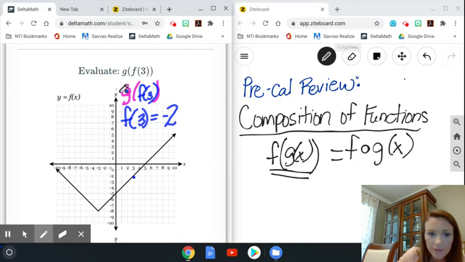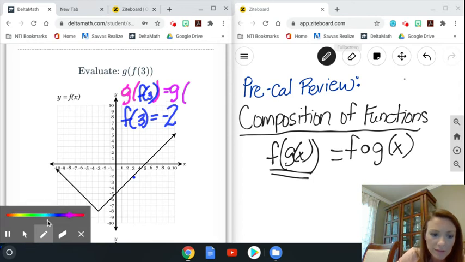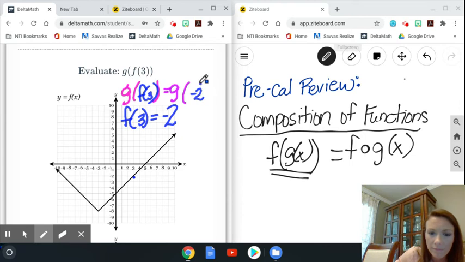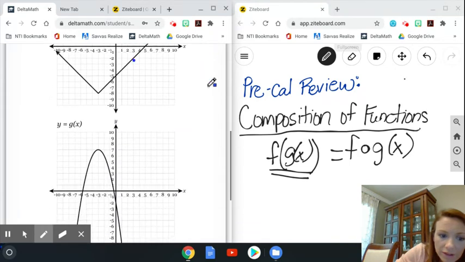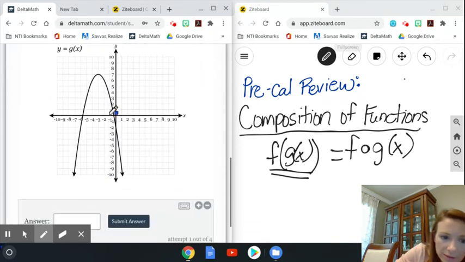Then to evaluate the composition g of f of 3, I need to find g of negative 2. So that means I need to go to the g graph, look at where the input is negative 2, and find the output at that point. The output at that point is 6.